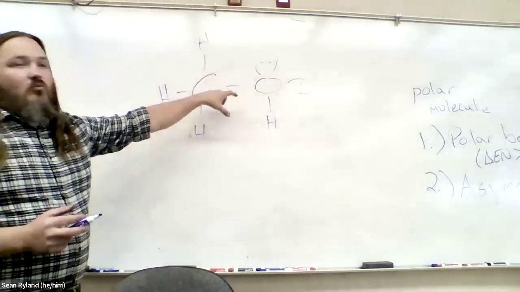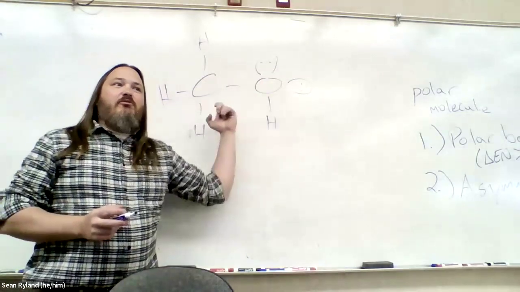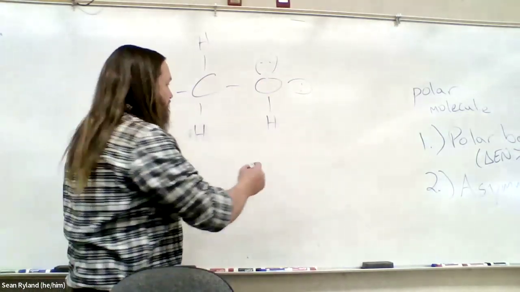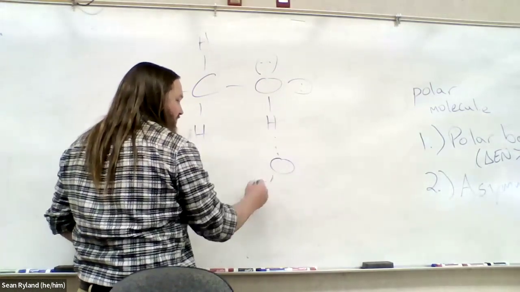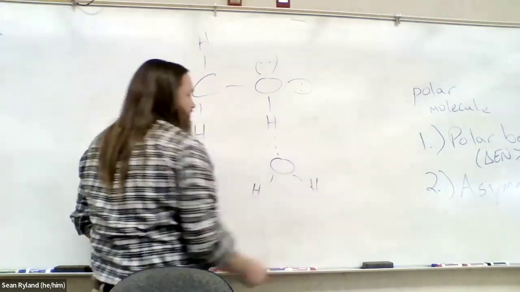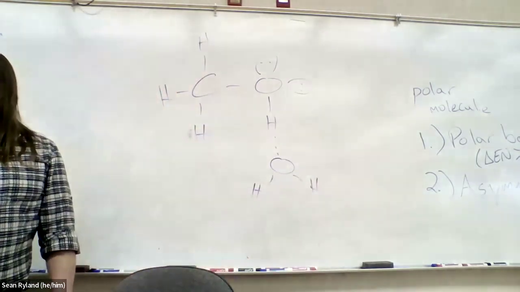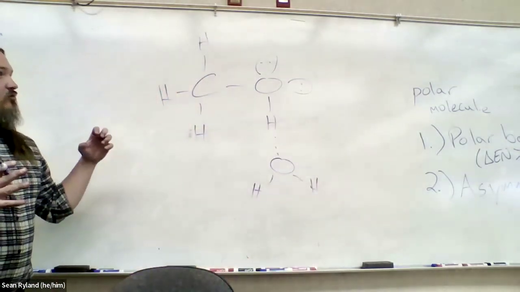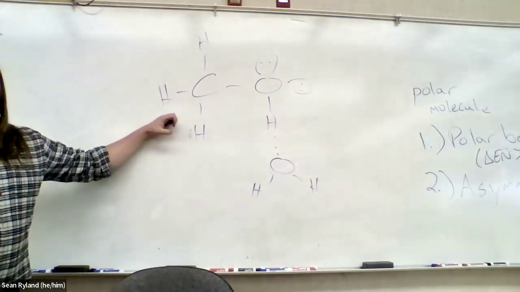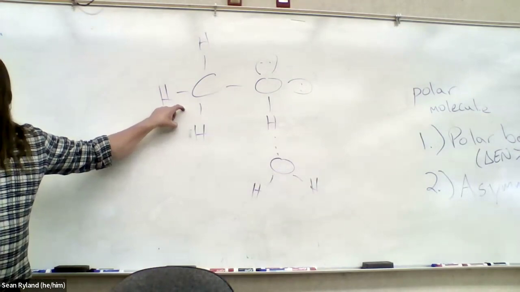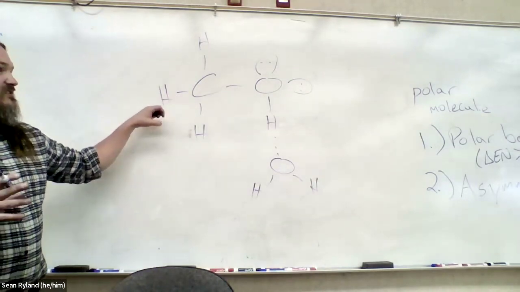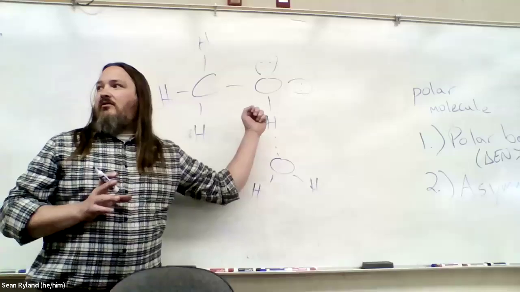If you put methanol in water, it can make the same type of interactions with the other water molecules, where the methanol's hydrogen can form a weaker interaction with a water molecule. So basically, you can mix together covalent compounds with water and they don't break apart into ions because they have other intermolecular forces, as long as it's another polar molecule.